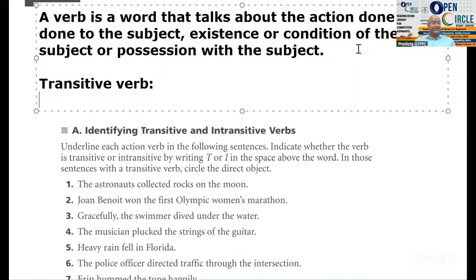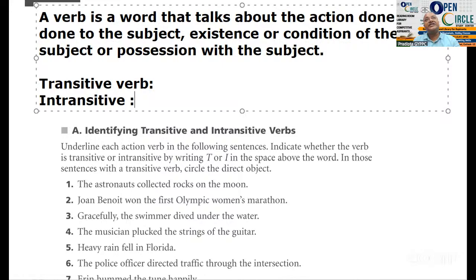And what is intransitive? Intransitive verb is a verb which does not have any object, or where the sentence is complete without the object. Clear? I had discussed both of these.